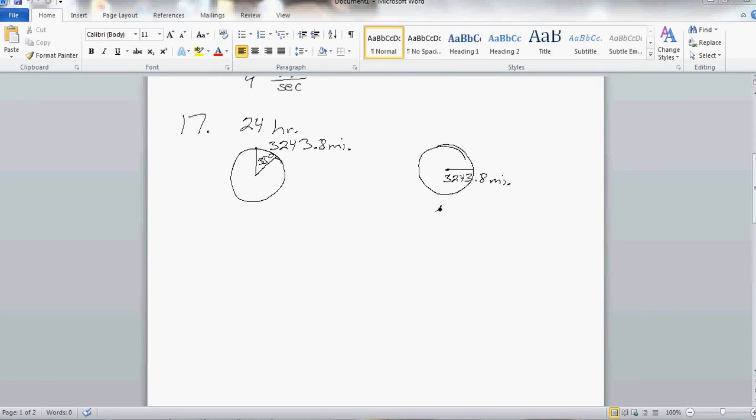And we know we're going all the way around in 24 hours. And we want to know what is the linear speed, which is v.